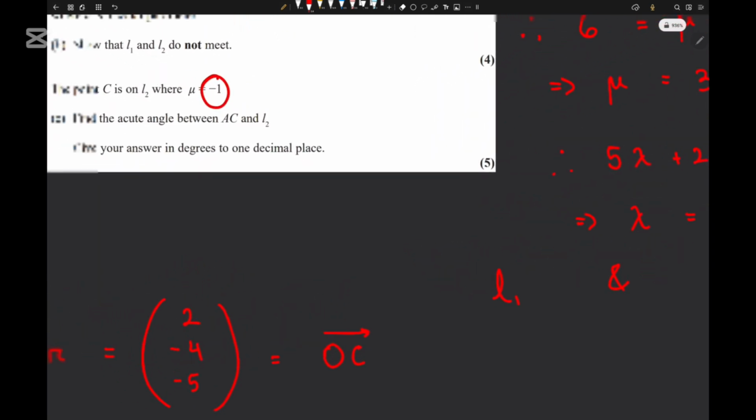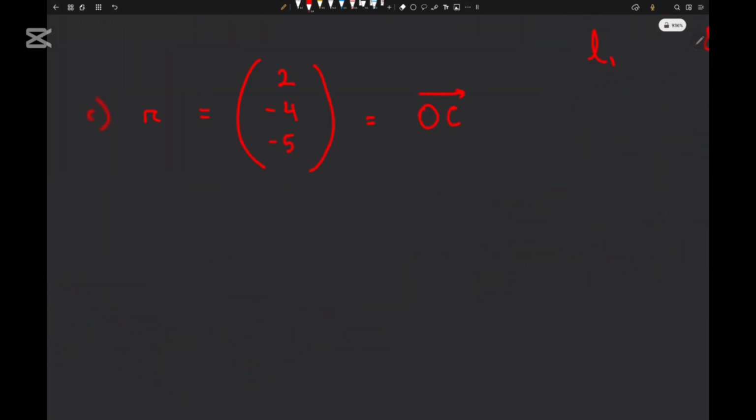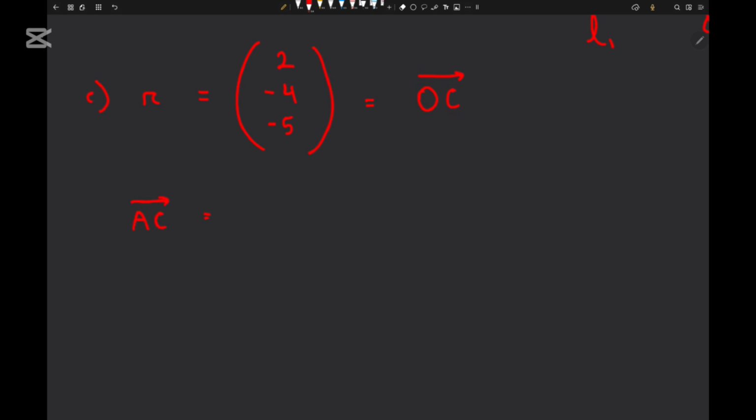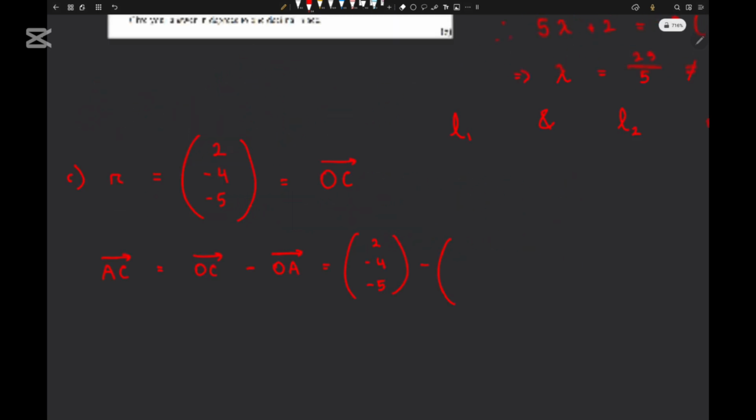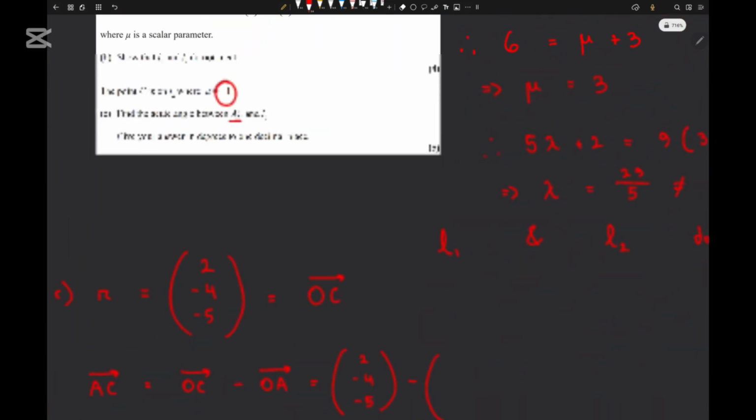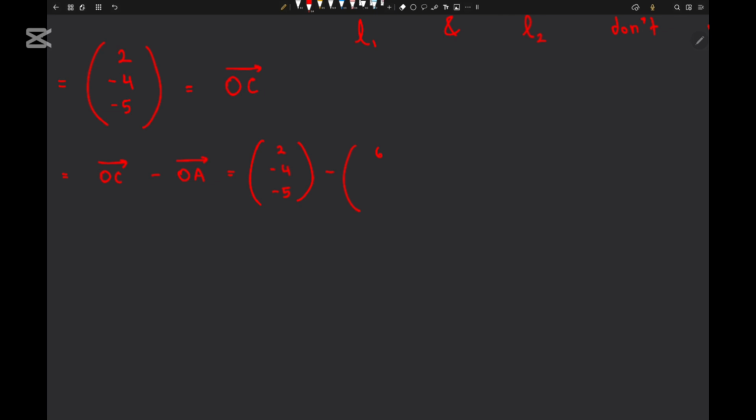Now let's calculate the AC vector. We can say that the AC vector is equal to the OC vector minus the OA vector. So the OC vector is 2, minus 4 and minus 5, minus the OA vector. The OA vector is 6, 6 and 2.